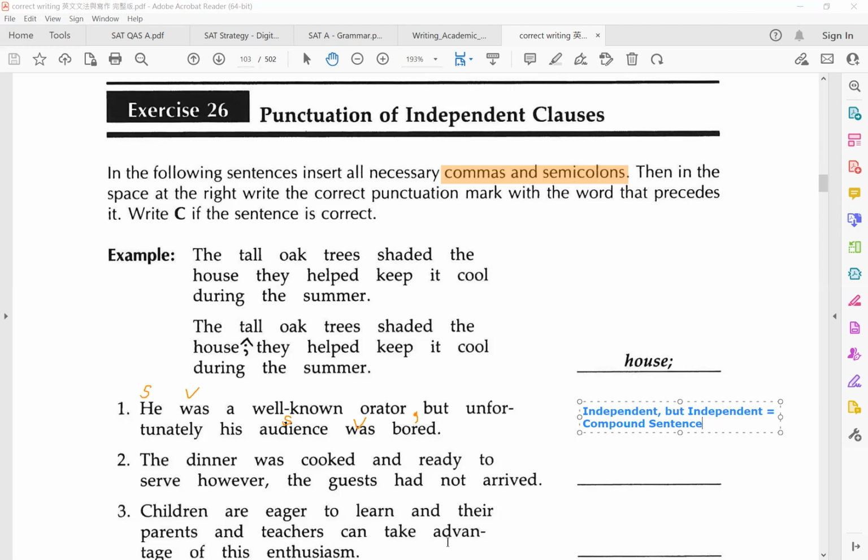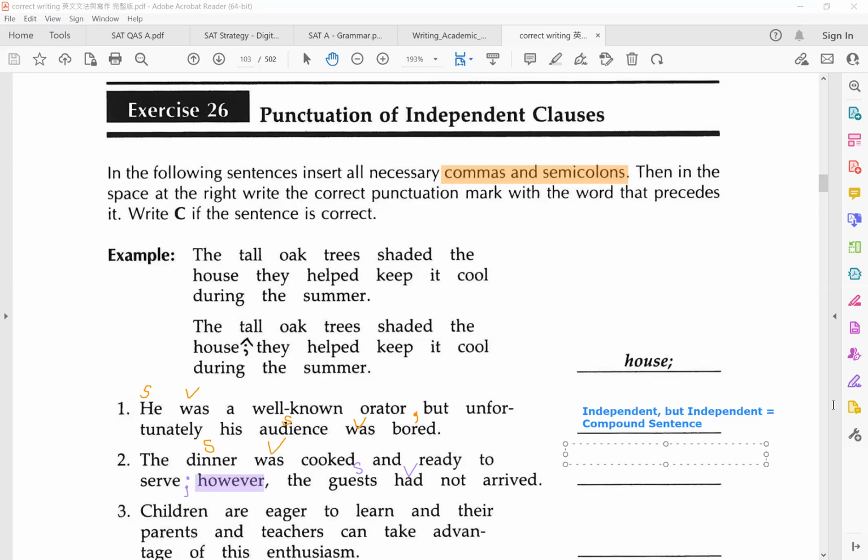All right. And number 2, the dinner was cooked and ready to serve. However, remember, however is our conjunctive adverb. So do I have another sentence after? I do. The guests had not arrived. So whenever I use conjunctive adverb between 2 complete sentences, I need to use semicolon.